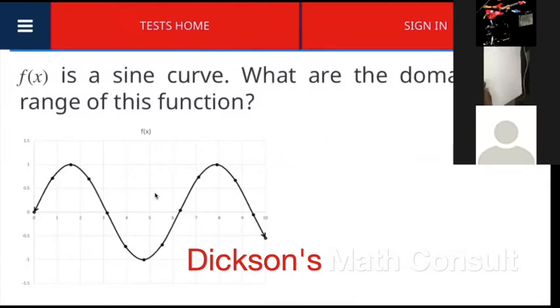Now, you can also be asked to find the number that makes an expression or a function undefined. It means that you are just equating the denominator to 0. Sometimes the denominator comes in quadratic functions. So before you are able to do functions, you have to revise quadratic functions.